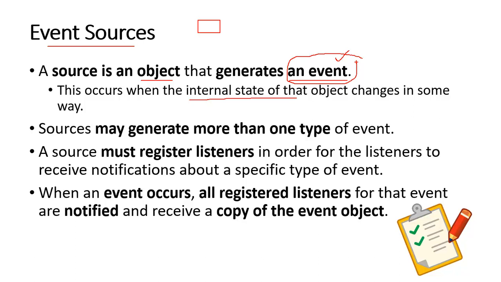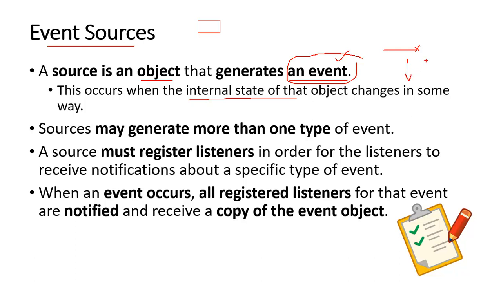Now the other thing about our source is that a source can generate more than one event. For example, using the mouse, I can move the mouse. I can click and drag the mouse. So when I press a button, there can be an event, button pressed, that means I am pressing the button.